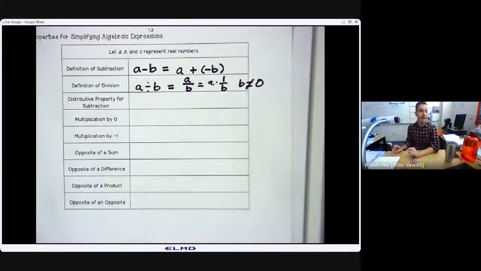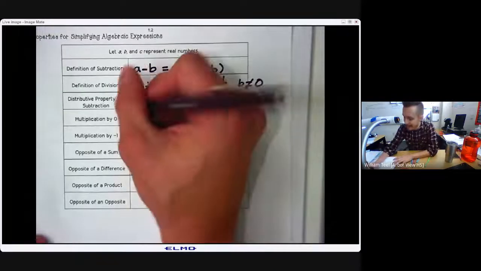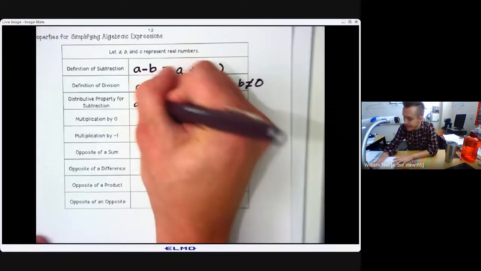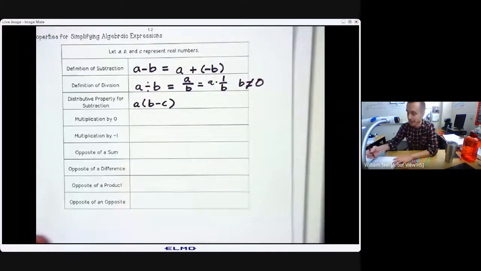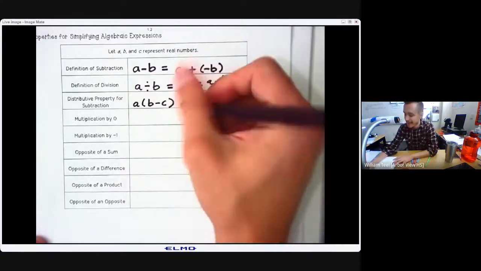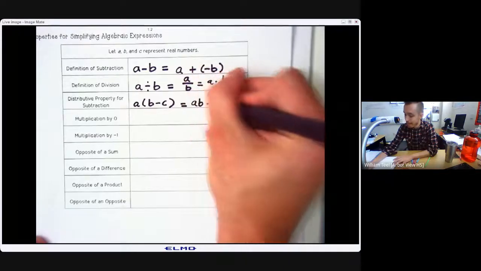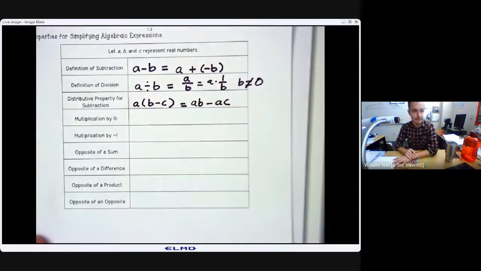All right, distributive property for subtraction. If I have something like A times B minus C, I know that I can distribute this A to both terms inside the parentheses. So that's going to be represented by A times B minus A times C. Multiplication by 0.